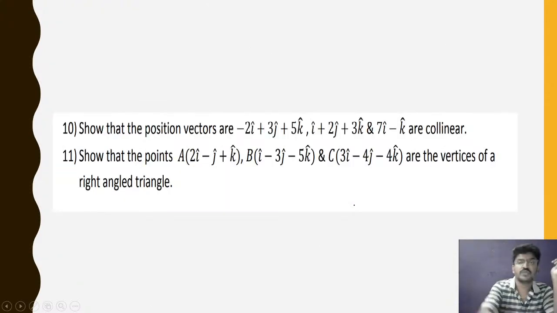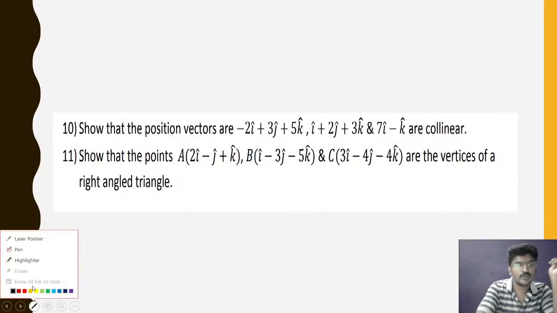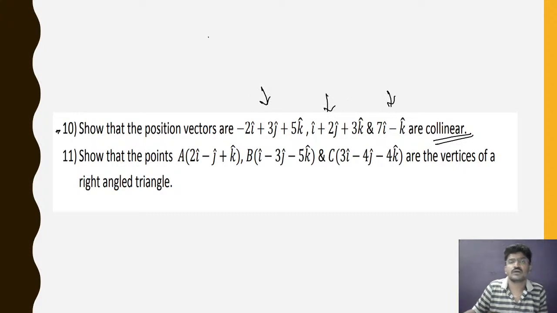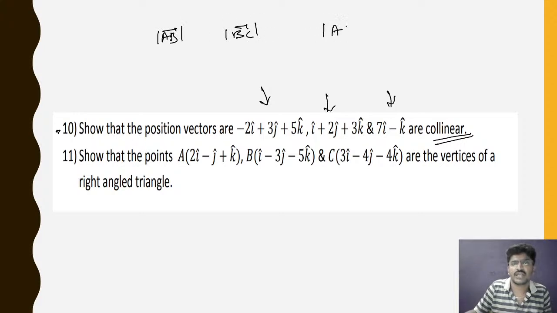Okay, my dear students. So I'm left with only two problems, problem number 10 and problem number 11. Here three vectors are given and they are asking to check collinear. What you have to find: magnitude of AB, magnitude of BC, magnitude of AC. Follow the same steps.